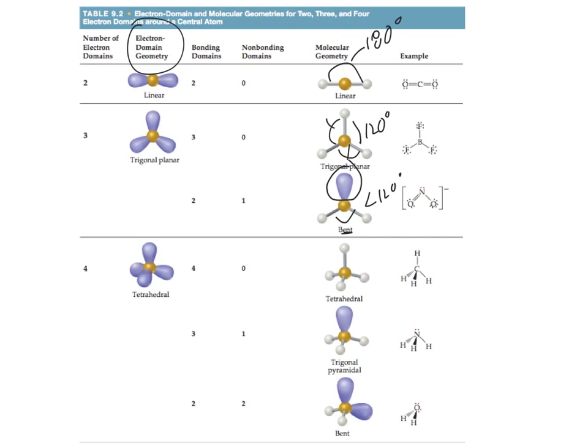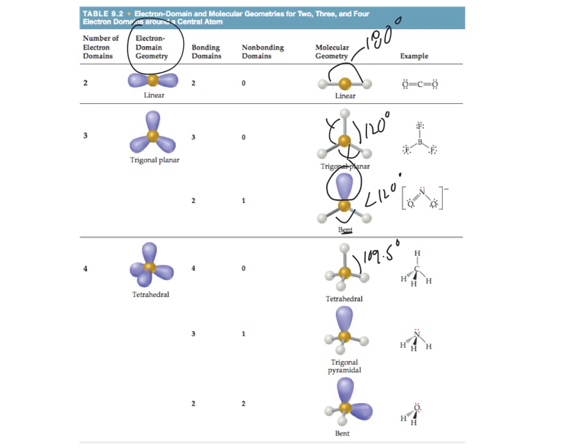So notice the electron domain geometry and the molecular geometry continue to match as long as there are no non-bonding domains. For a tetrahedral molecule, the bond angles are all 109.5 degrees, and you subsequently get this shape for the molecule.